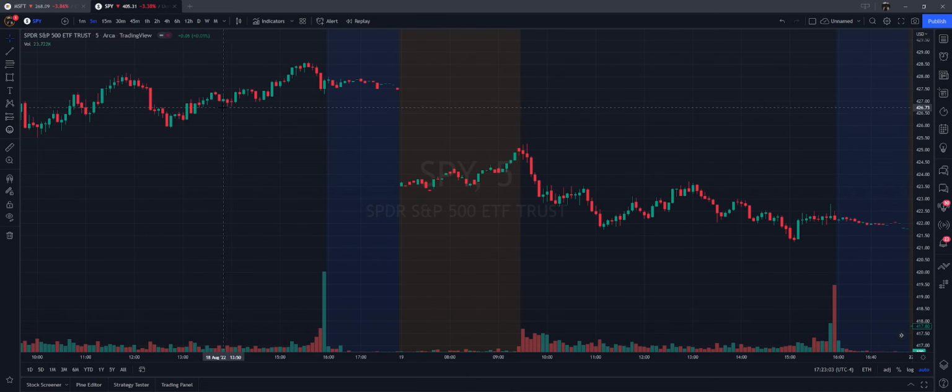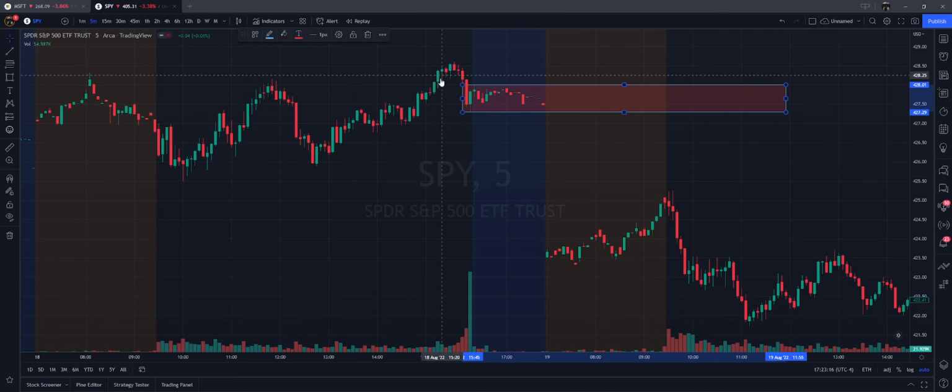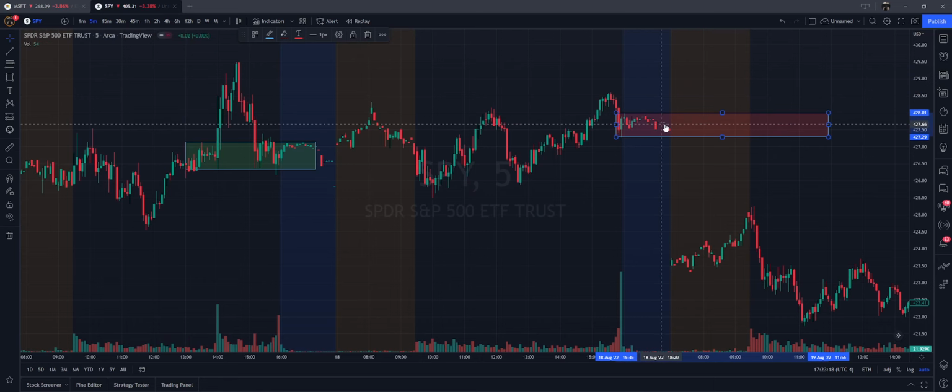Like we're talking about here, this is the supply zone right here. This is a supply, it starts ranging, and then it broke the range in this one.